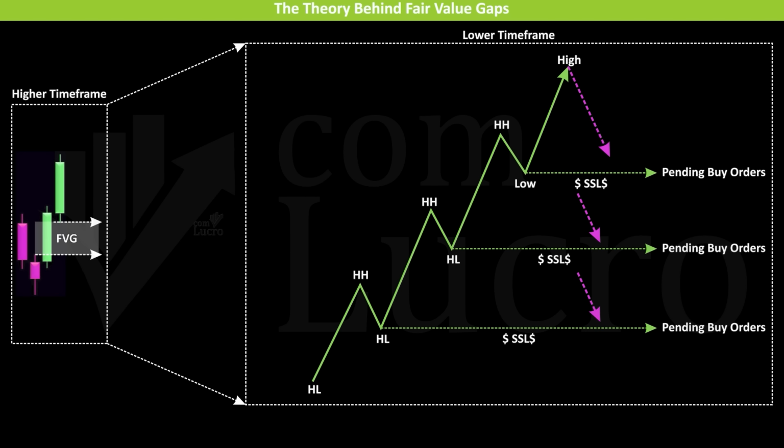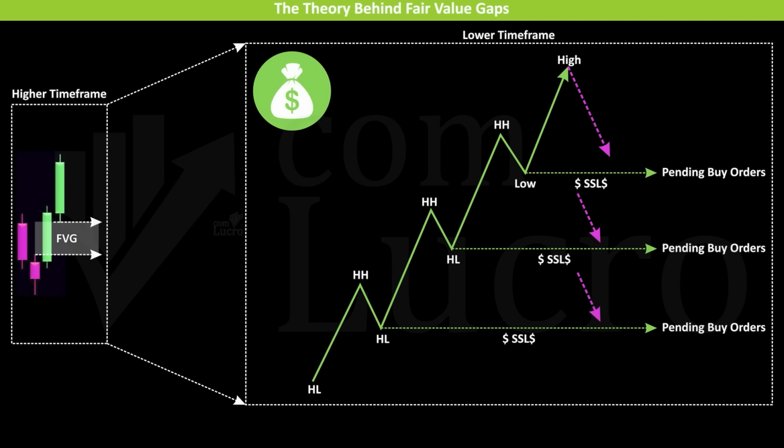This behavior accumulates many pending buy orders in that region, forming a large liquidity pool waiting to be swept inside the fair value gap. So traders, fair value gaps often contain many buy or sell orders, creating significant liquidity inside the zone. This is the main reason why price tends to return, fill the gap, and then continue with even greater strength.